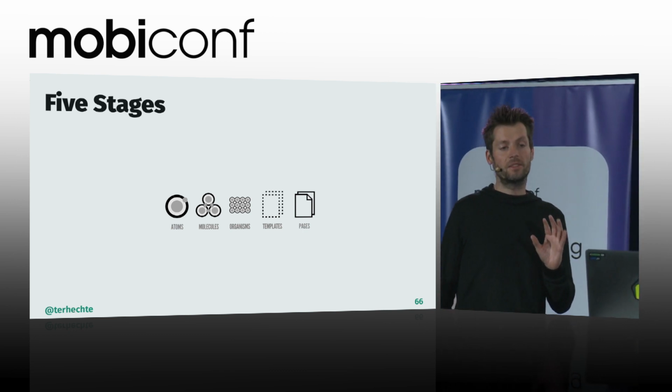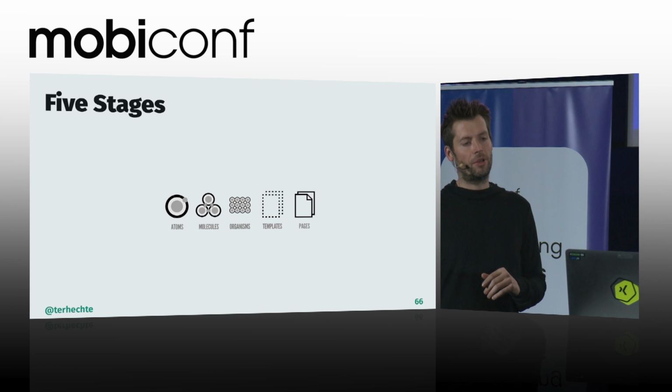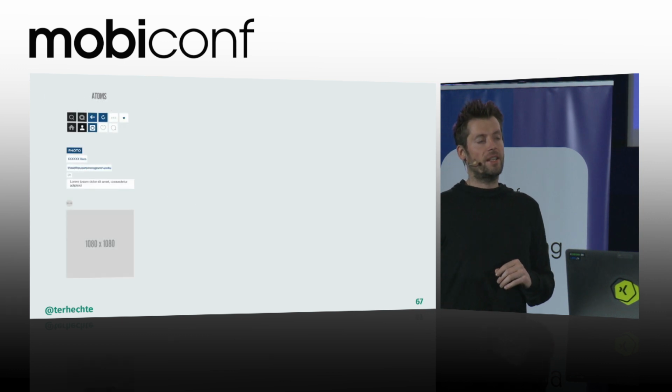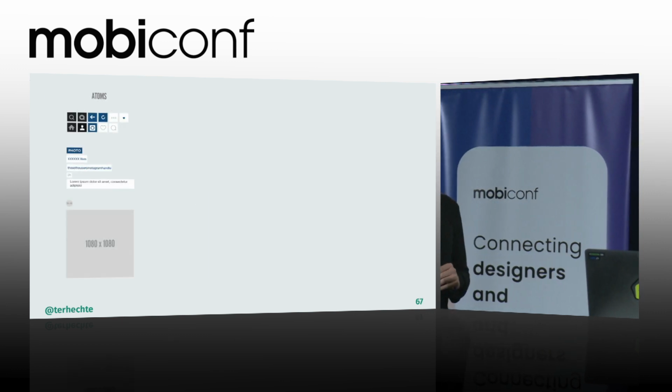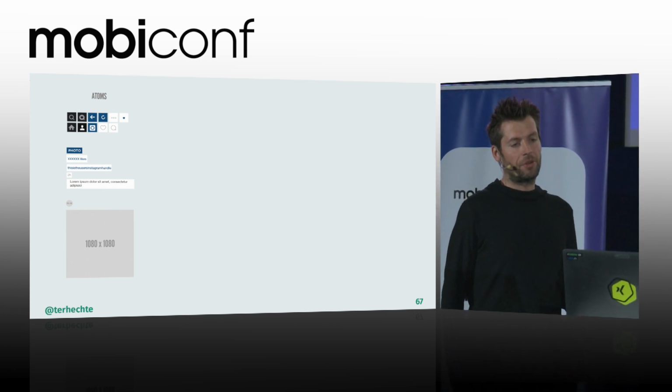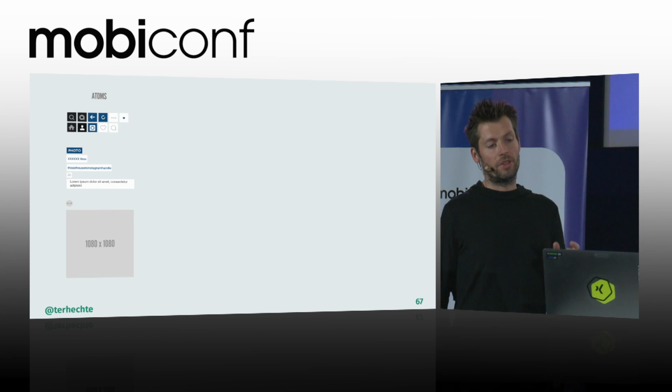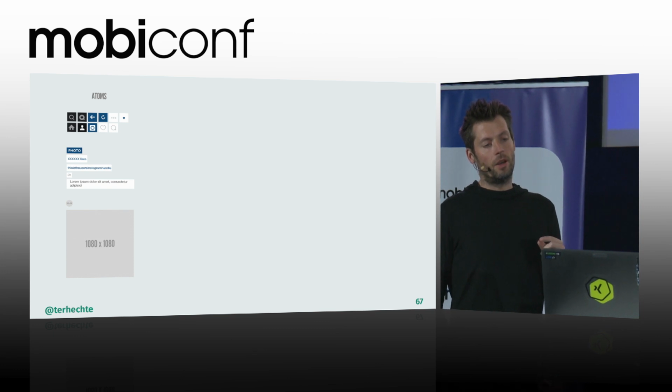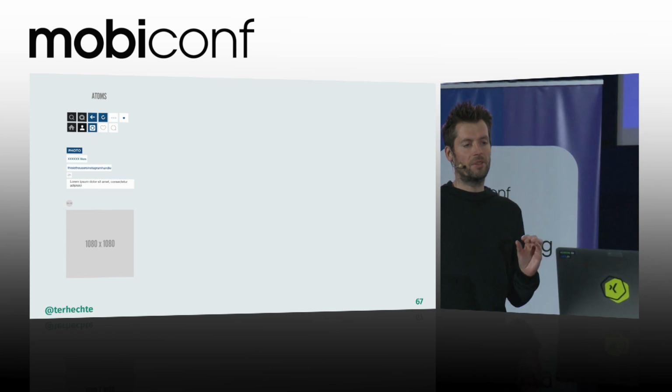This might sound a little bit abstract, but I have a very nice example here. Let's take the Instagram app. The atoms are a like button, a comment button, the take a picture button, or the label saying the user has so and so many likes. These are the simplest elements that you can have.